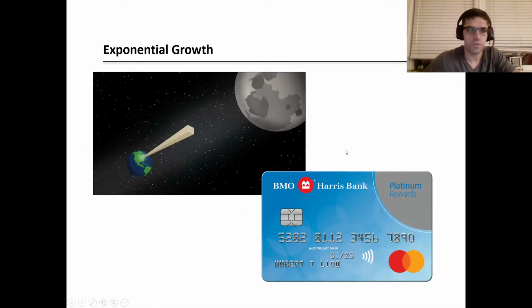2 other examples of growth functions are paper folding. If you take a piece of printer paper, which is approximately 0.2 millimeters thick, and you fold it in half 41 times, it'll be about 140,000 kilometers.